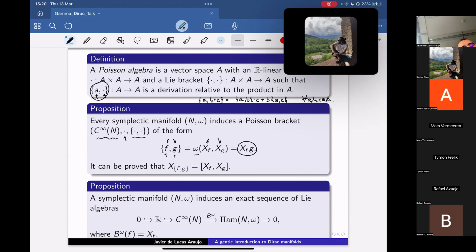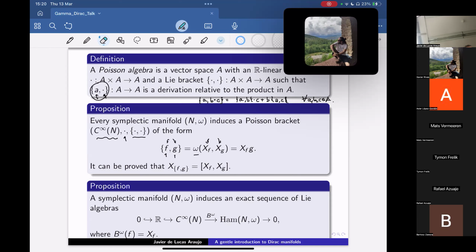Okay, and it can be proved that this is the same as applying the Hamiltonian vector field X_f on the function g. Of course, for some of you that come rather from physics, from geometric mechanics, normally this appears with a minus. But as I said, it's everything up to a minus, a plus sign, so don't care much about that.